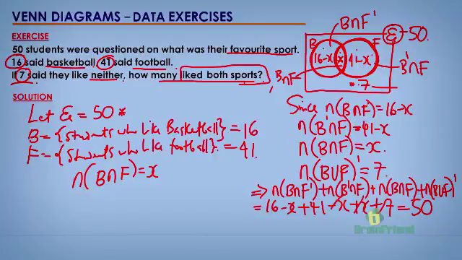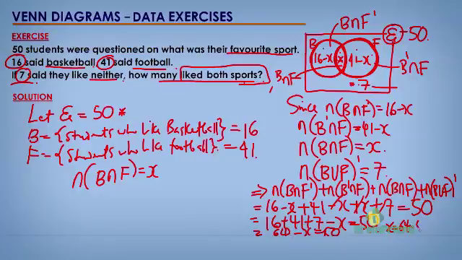Quickly, minus X and plus X would cancel out. We would have 16 plus 41 plus 7 minus X to give us 50. And we'll have 64 minus X would give us 50. It means therefore that X is equal to 64 minus 50. And of course, that is 14. So we have 14 students that like both sports.